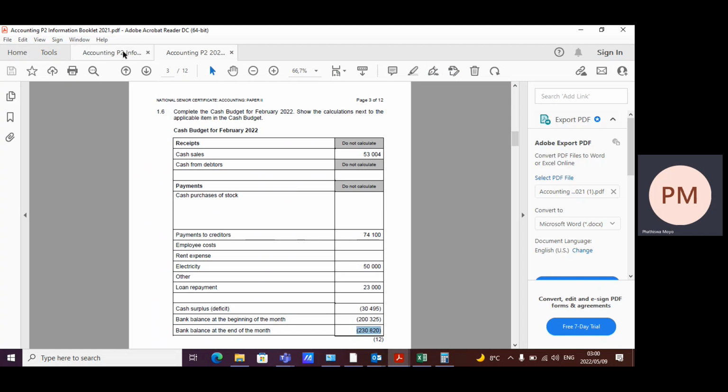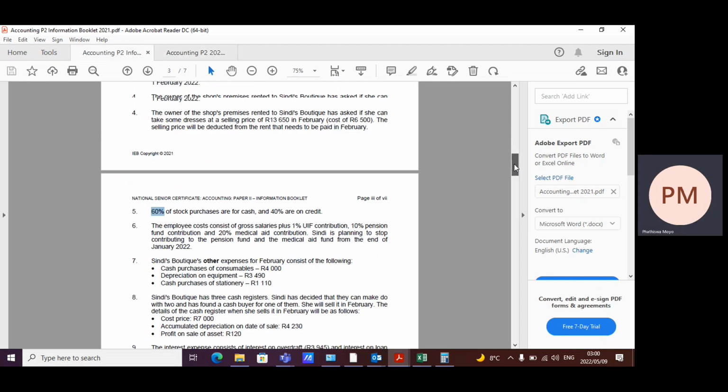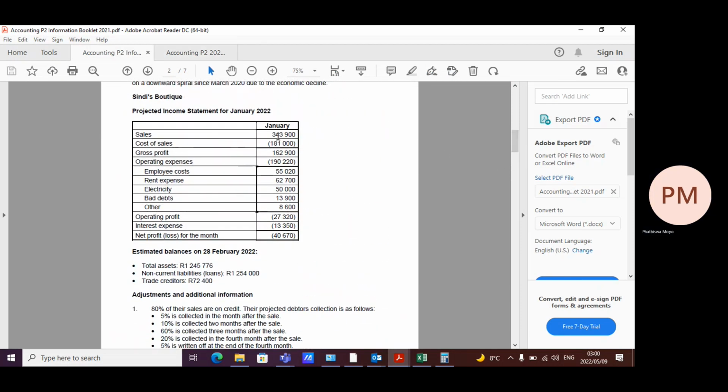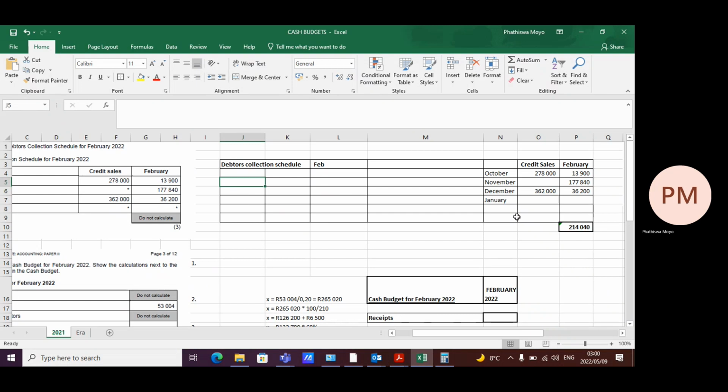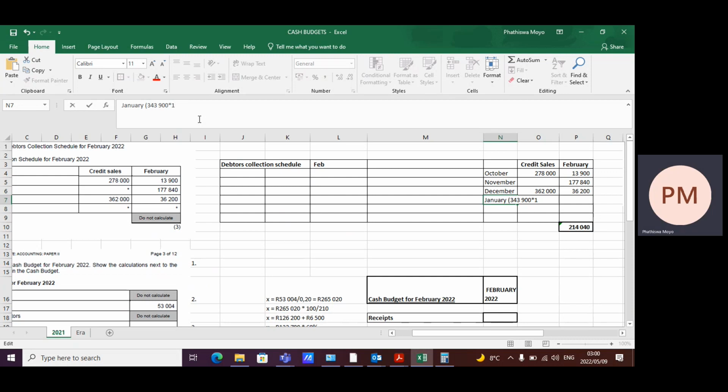You were given the projected, which is 343. But they will increase it. It was 343.